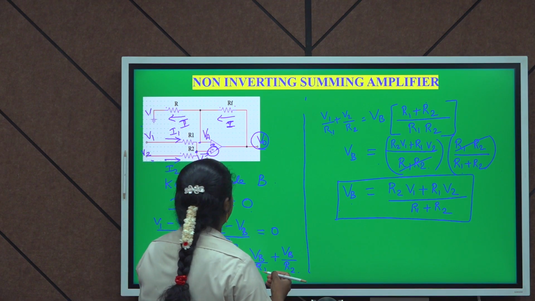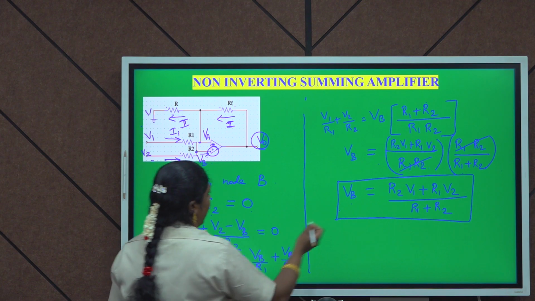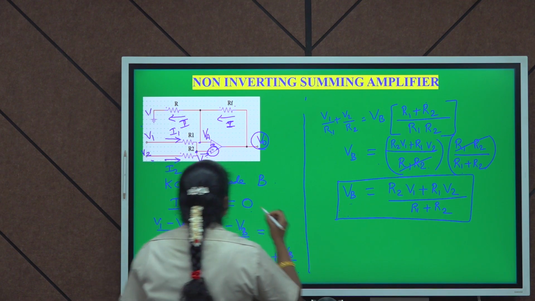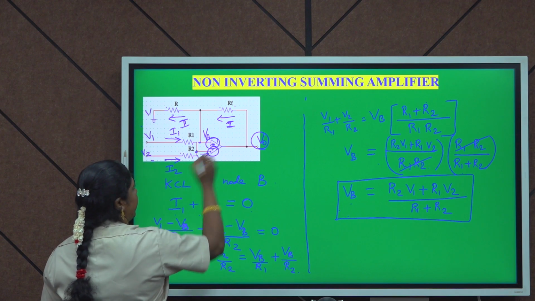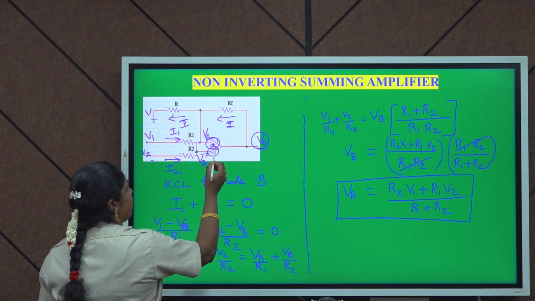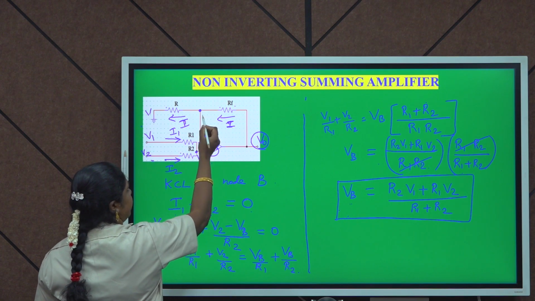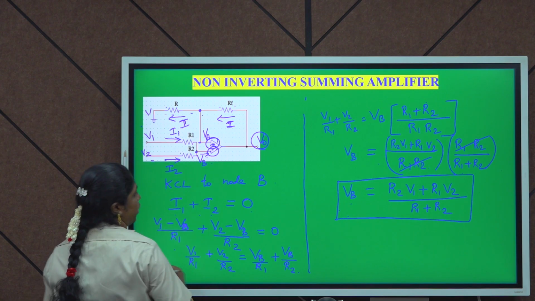Once we have found the value of VB, we need to consider the inverting terminal side. For the inverting terminal, we can write that the current entering the node is equal to the current leaving the node.